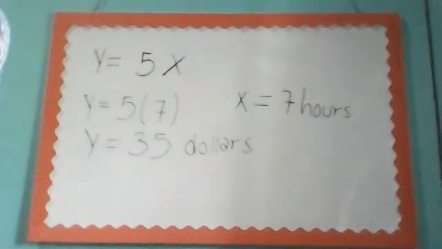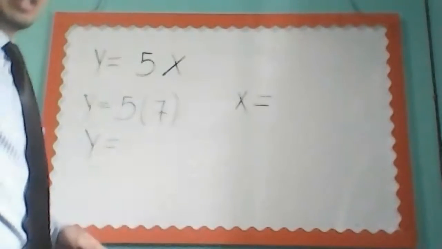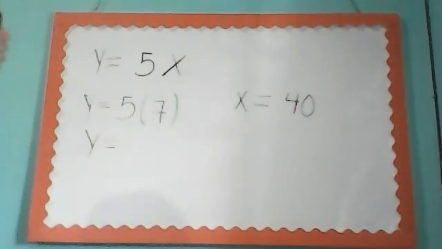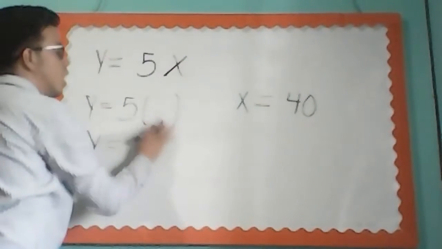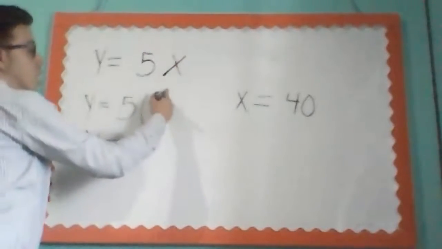But what if, for example, she works more than these hours? If she, for example, in all the week, works 40 hours. If X is 40, I'm going to replace the value, okay?